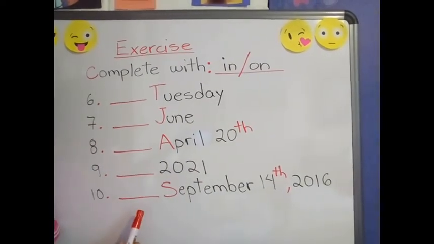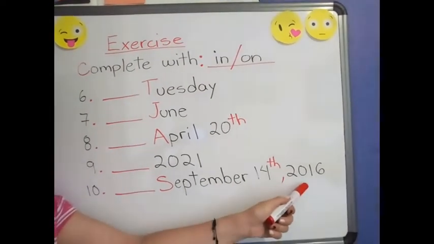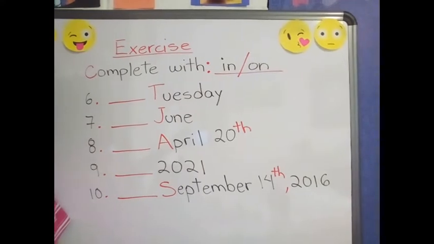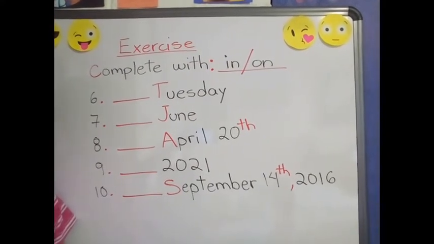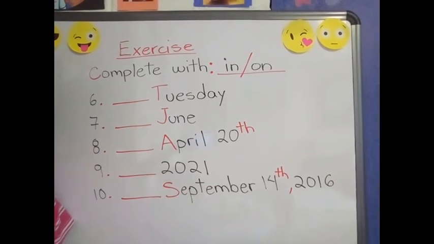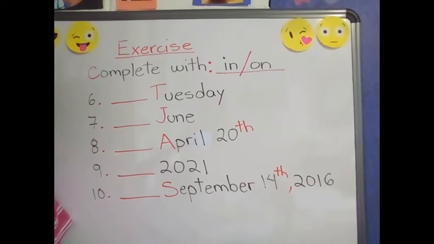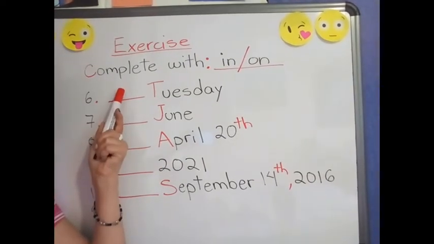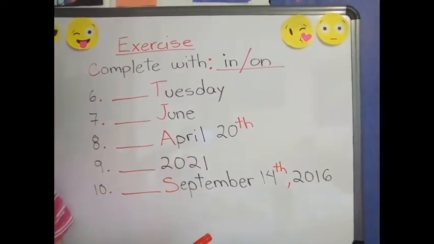And number 10, blank September 14th, 2016. I will show you this for a moment. You can also pause the video to have enough time to copy this. Okay, kids, so remember, you will have to write the prepositions in or on before these dates.